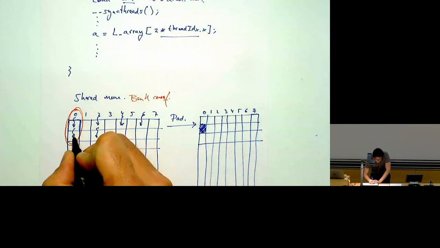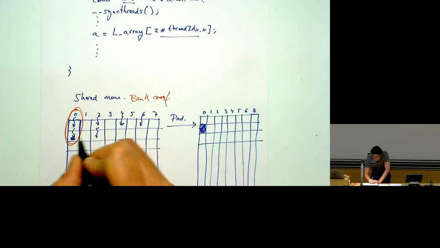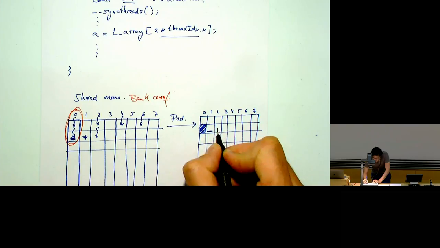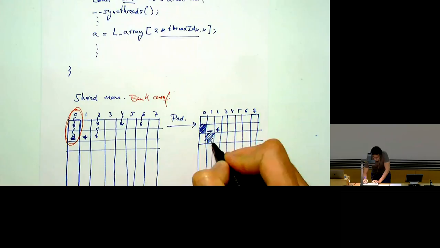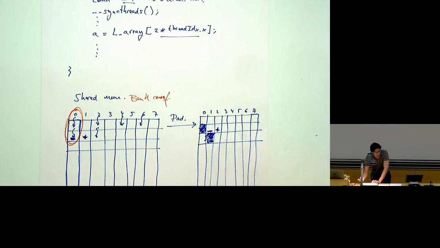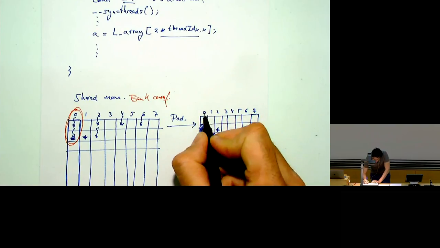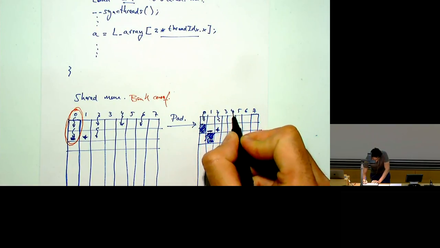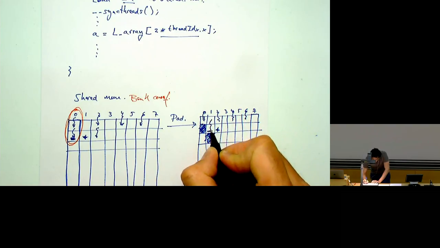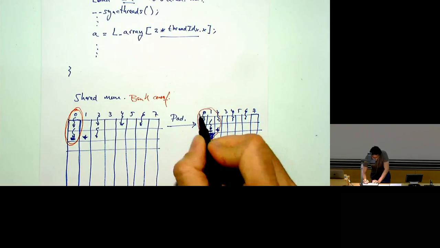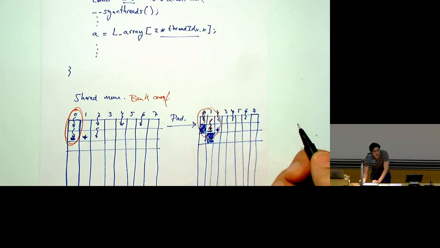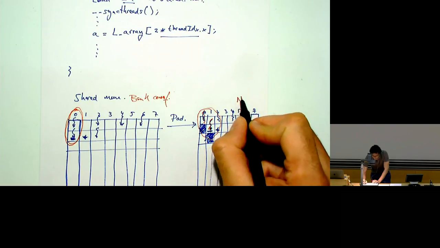The value that is here in this original mapping will be stored here, and the value that is here will be stored here. So we pad every 8 positions, every 32 on a real GPU these days. And this way we will have thread 0 here, 1, 2, 3, and thread 4 here. So observe that now these 2 threads are accessing different banks, no bank conflict.